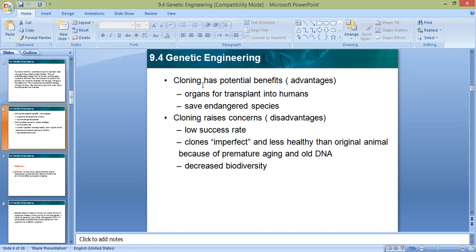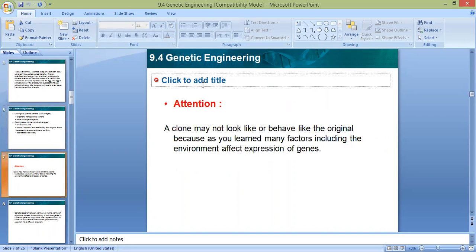This also will decrease biodiversity. Sometimes a clone may not look like and behave like the original, because we said there are many factors that affect the phenotype, not only the genotype. The environment also affects the expression of genes.